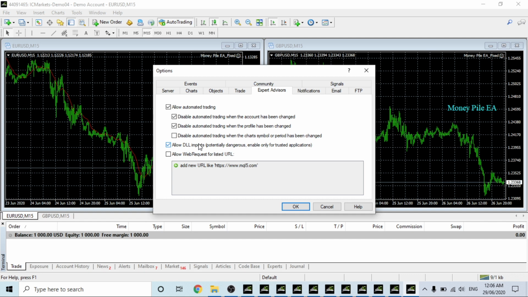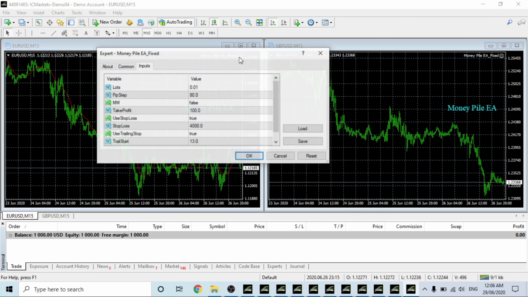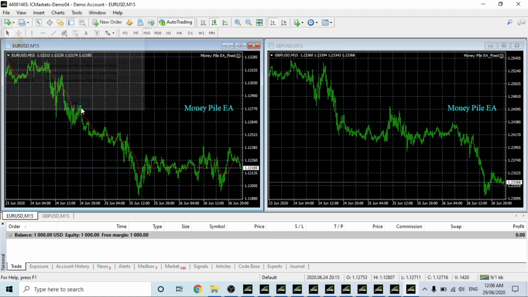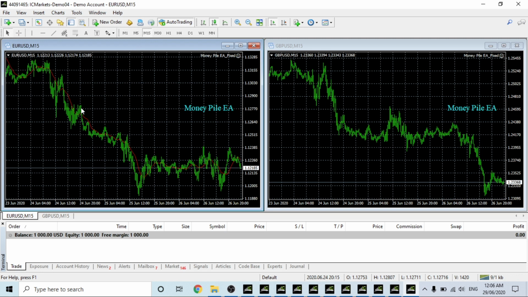The reason why you do that first is that when you load an EA on the chart, you don't have to tick these. They are already ticked for you when you load it onto the chart. So that's just a quick little tip there on how I did all this. I've also got all of this on a spreadsheet. I'll probably share that as well. That is on the other computer, and yeah, that's pretty much it.